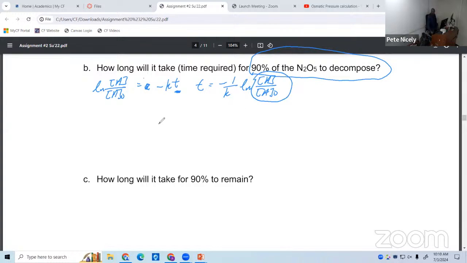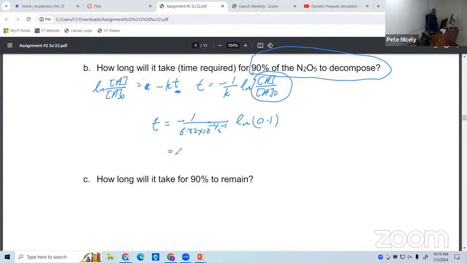So therefore, this ratio here would be 10%, right? So all we have to do now is plug in the values for k, which was 6.32 times 10 to the minus 4 seconds to the minus 1, ln 0.1.